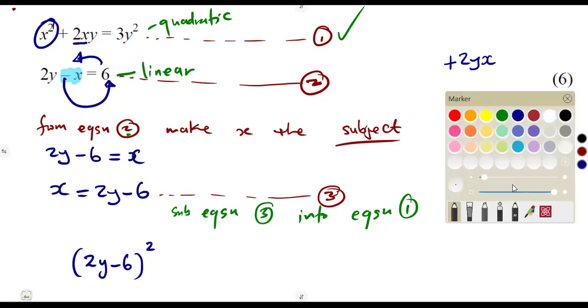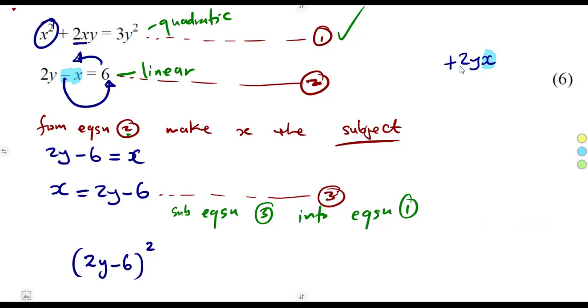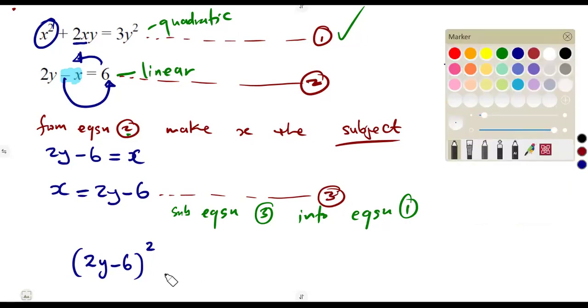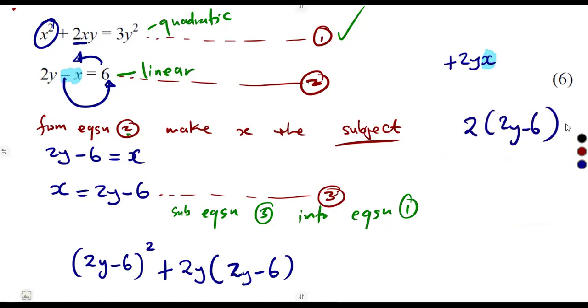Remember, what you need is to substitute the part of x. So start with the 2y, then the x, you put the bracket there. So it's plus 2y like this into our x, which is 2y minus 6. It's one and the same. Then you write the 2 here, you open the bracket, this is 2y minus 6. Then you now put the other y there. Then, guys, this is one term.